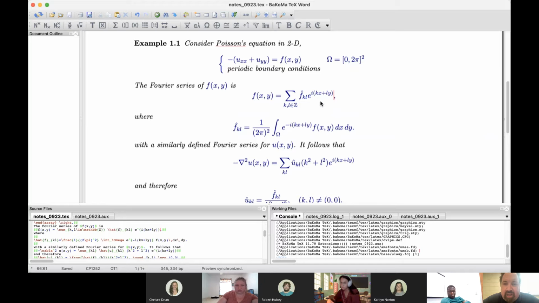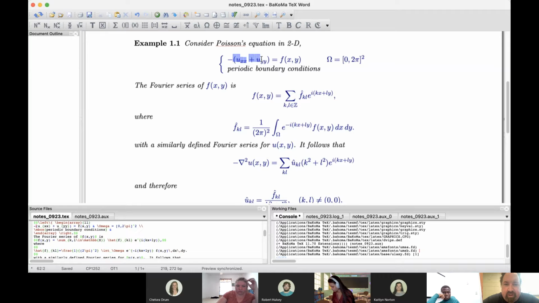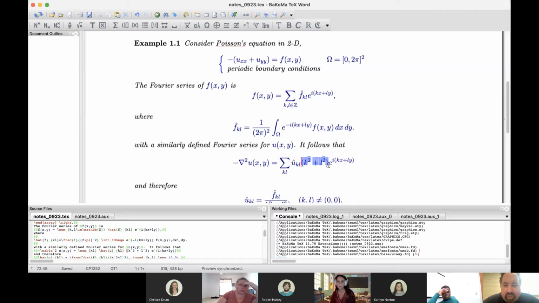I'm going to multiply by ik squared. But i is the square root of minus 1, so I'm actually multiplying by minus k squared. Similarly, if I take a second derivative with respect to y, I'll be multiplying by minus l squared. And for the Laplacian, you add them together. So when you take minus the Laplacian, you're just multiplying the Fourier coefficients by k squared plus l squared.